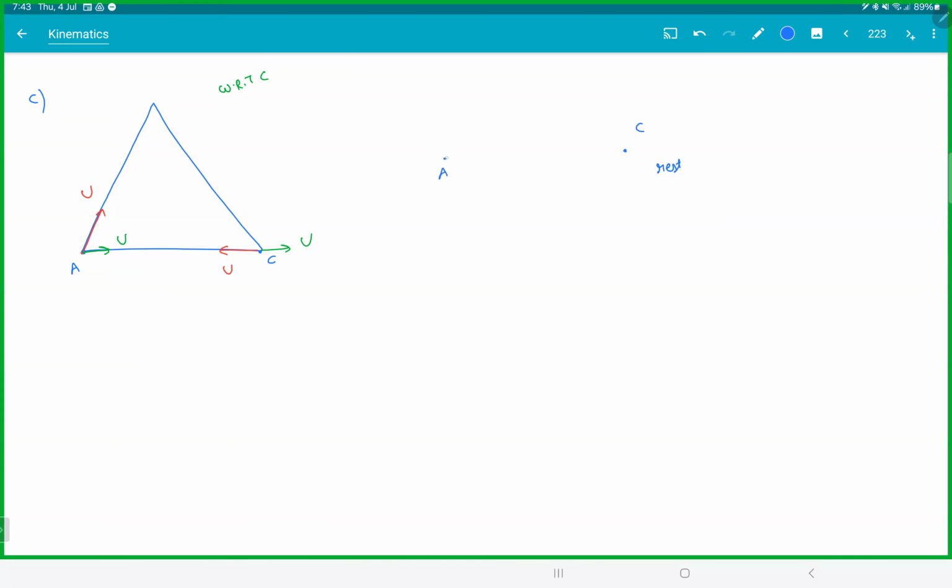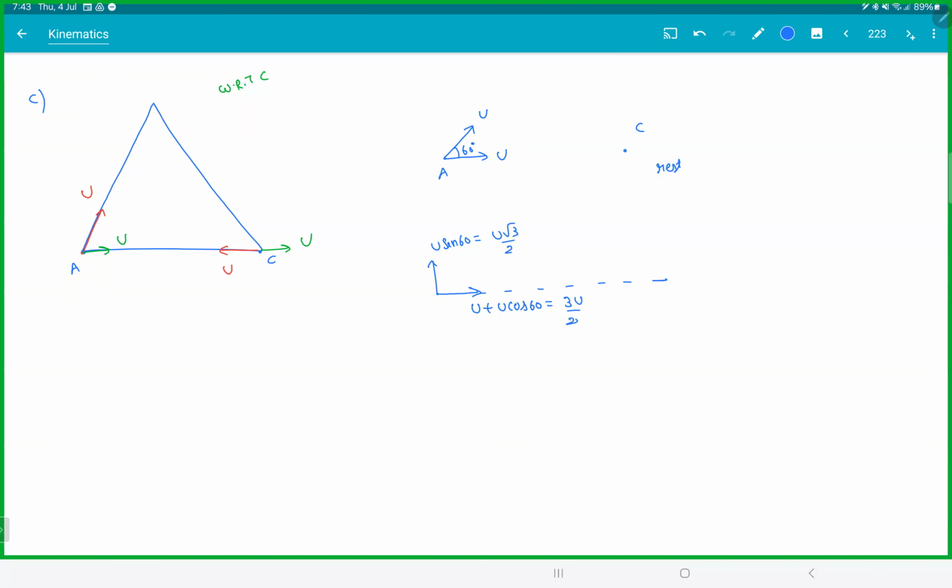But this person A now is going with the U this way and U this way, and this angle is 60. So if I resolve this into components, this would be U plus U cos 60, which is 3U by 2. And this is U sine 60, which is U root 3 by 2.